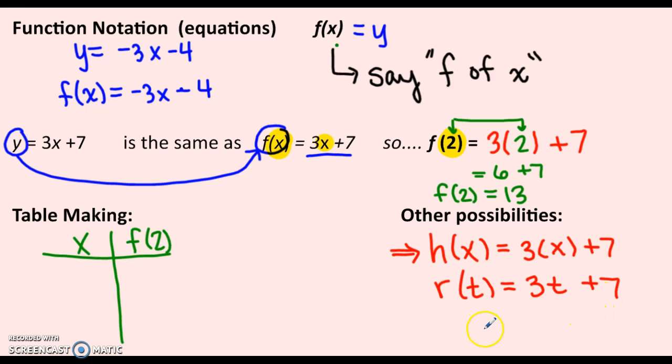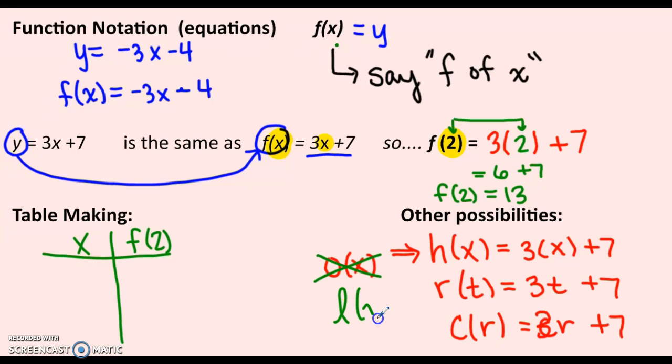They could use c of r. Any combination of your two initials might be used to rewrite it. The ones they're probably not going to use is o of x, for the same reason we don't let o equal a variable. And the other one that they might not use is L of x, because most people's L's are not fancy like mine, but they just look like the number 1. So most of the time we do not use those.